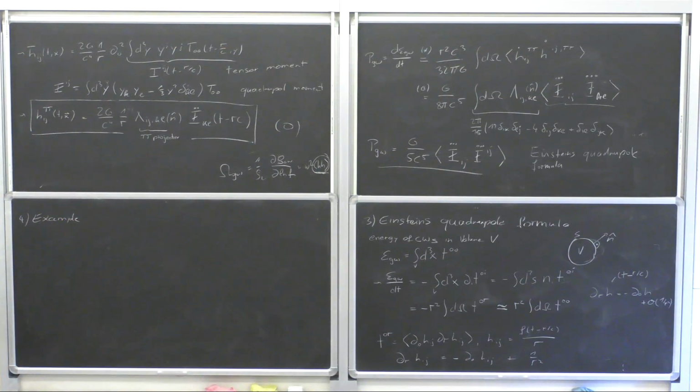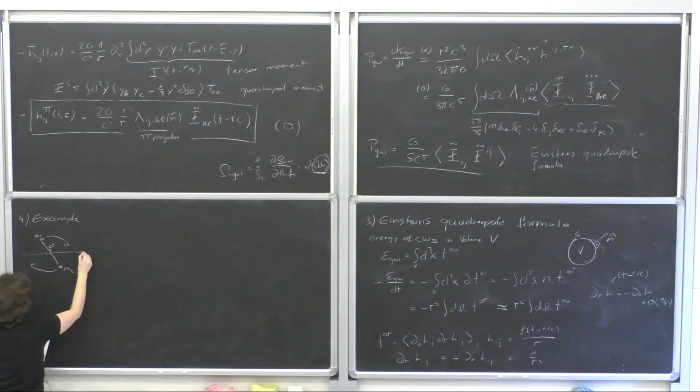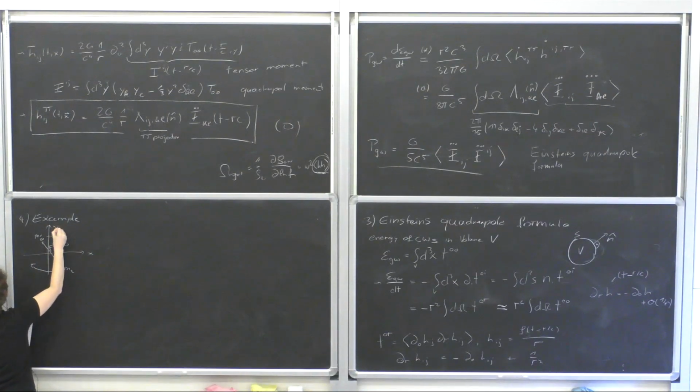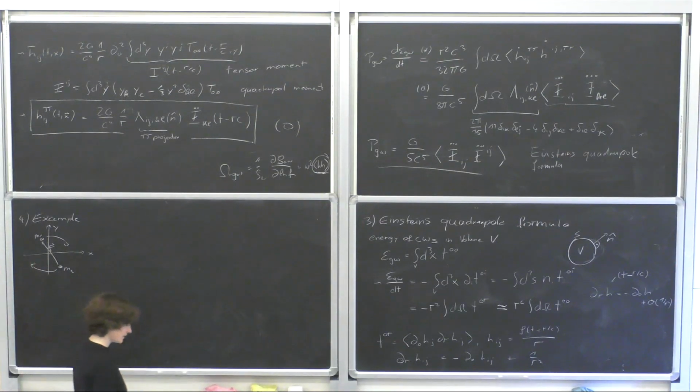The example will be the thing that we've actually observed, which is a binary system. So we have two black holes, and they're orbiting, and they have masses m1 and m2. They have some distance between them, r. But I also want coordinate systems, so I'm going to put x and y. They are orbiting in the xy plane. That's kind of a Newtonian mechanics problem.